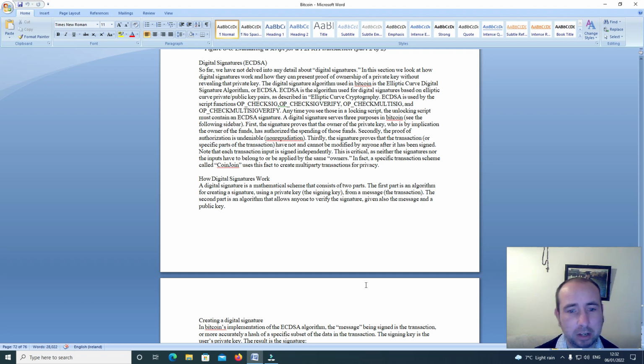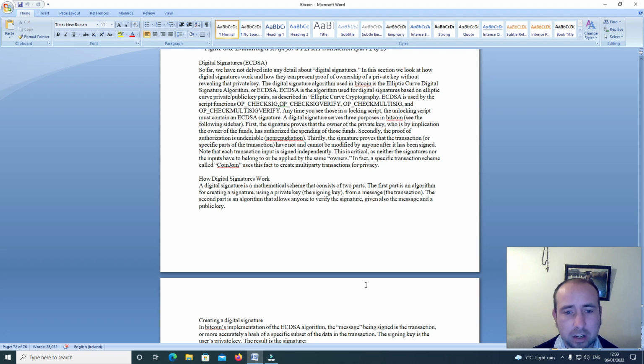First, the signature proves that the owner of the private key, who is by implication the owner of the funds, has authorized the spending of those funds. Secondly, the proof of authorization is undeniable, non-repudiation. Thirdly, the signature proves that the transaction or specific parts of the transaction have not and cannot be modified by anyone after it has been signed.